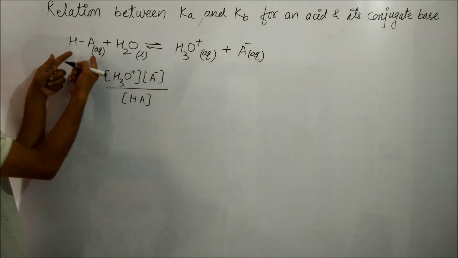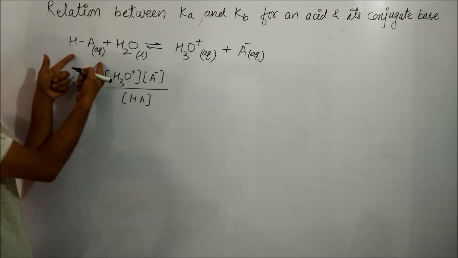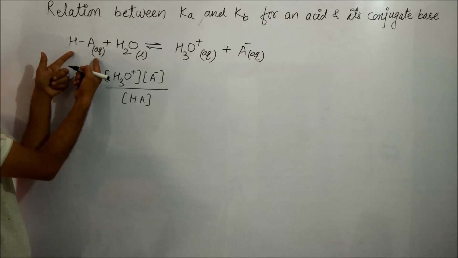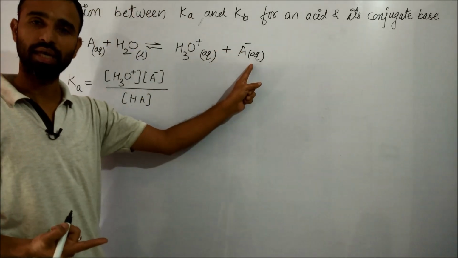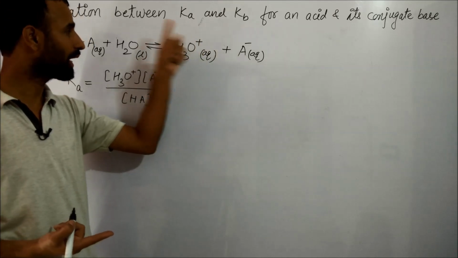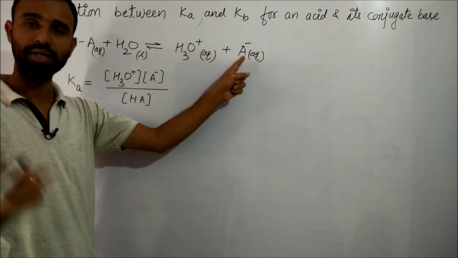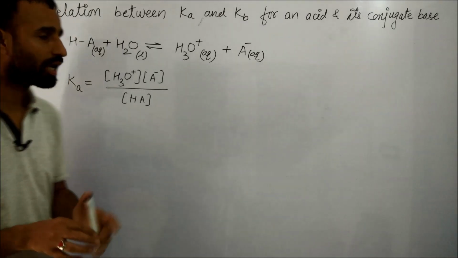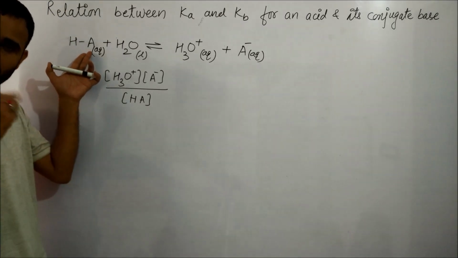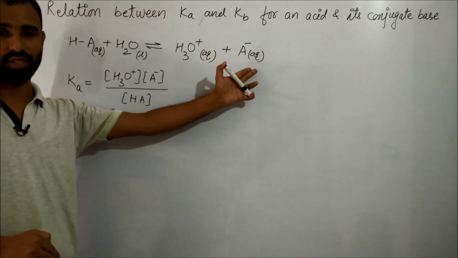Now, according to the Bronsted-Lowry concept, if HA is an acid, then its conjugate base is A-, because conjugate acid-base pairs differ by one H+ ion. Acid has one more H+ ion than base.